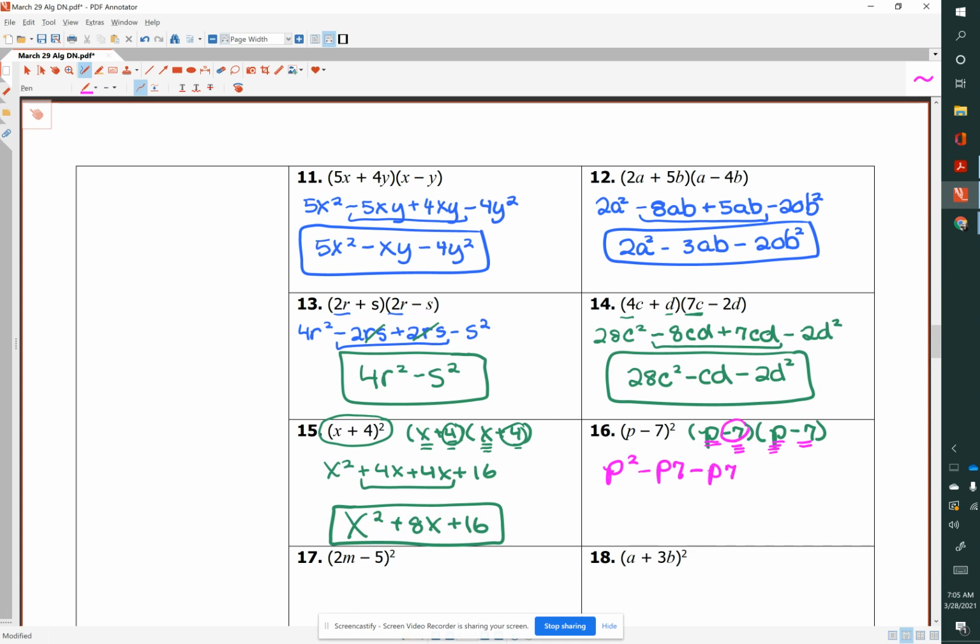And negative 7 times negative 7 is positive 49. So we'll combine like terms. In the center, we have negative p7. I should have written that 7p. Not incorrect, but not perfect, so I'm going to rewrite that. So we'll combine those for a negative 14p, so it's p squared minus 14p plus 49.